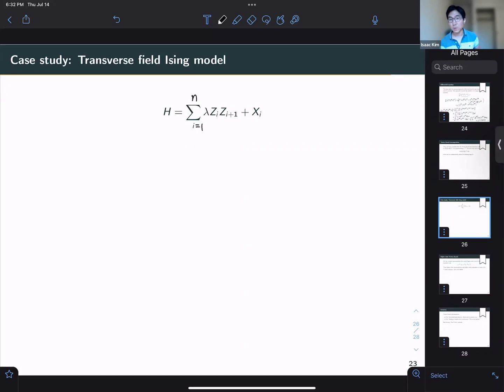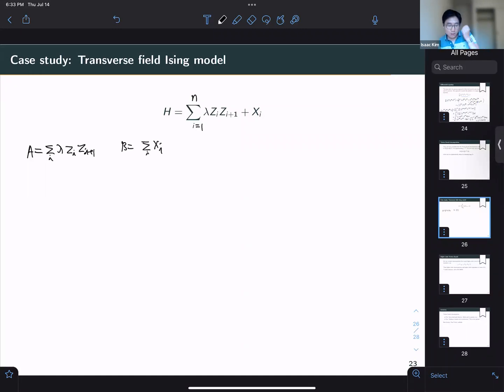We could solve this model completely, but this is just a model to explain how you would actually estimate the cost of performing a Hamiltonian simulation of this model. In this case, I would simply write down A as the first term and B as the second term.